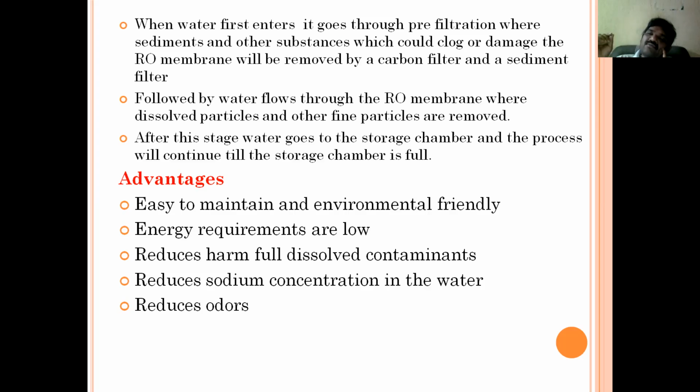What are the advantages? Environmentally friendly, low energy requirements, all harmful dissolved contaminants will be eliminated, it reduces sodium concentration, and it removes bad and unwanted odors. This is about reverse osmosis.